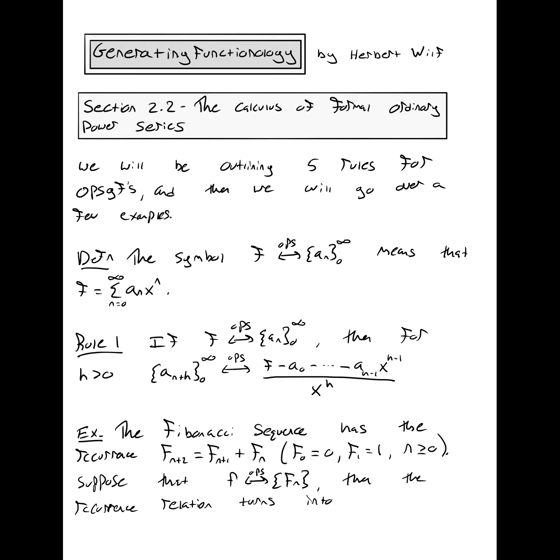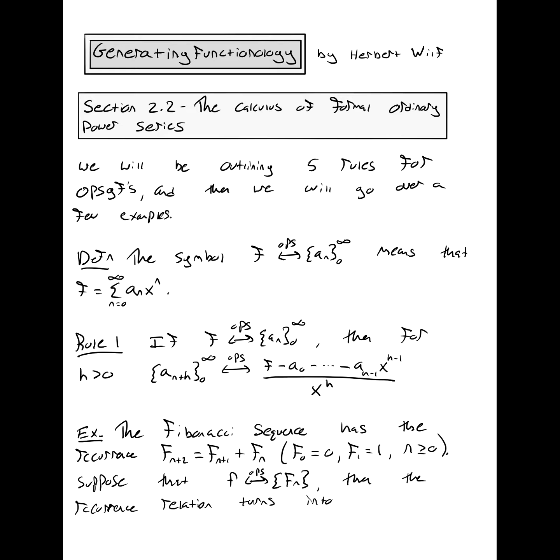So this shift rule actually makes our life a lot easier, because now we don't need to go through everything that we went through before. If you watch some of my previous videos, there was a ton of algebra involved in trying to figure this out. But now, if we have the generating function and we have a recurrence relation, then we can actually just come up with an ordinary power series like this.